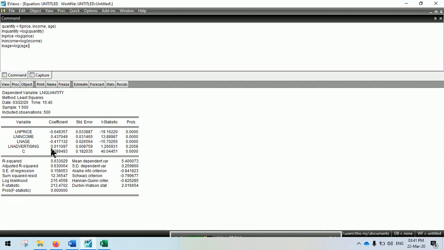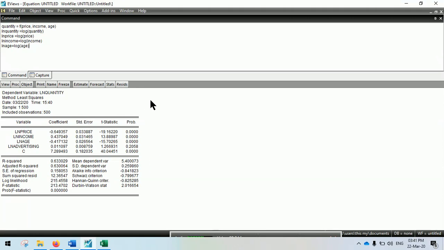You spend a lot of money on advertisement, you maybe increase only a little bit. You spend a 100% increase of advertisement, correct? You add only a 1% increase of quantity, which is very small, so that is not significant.